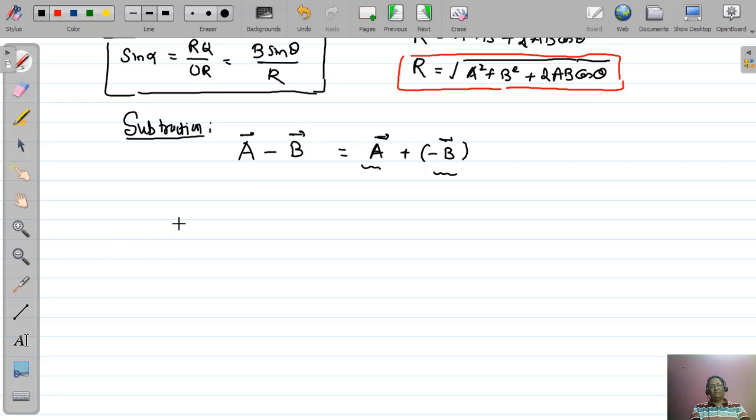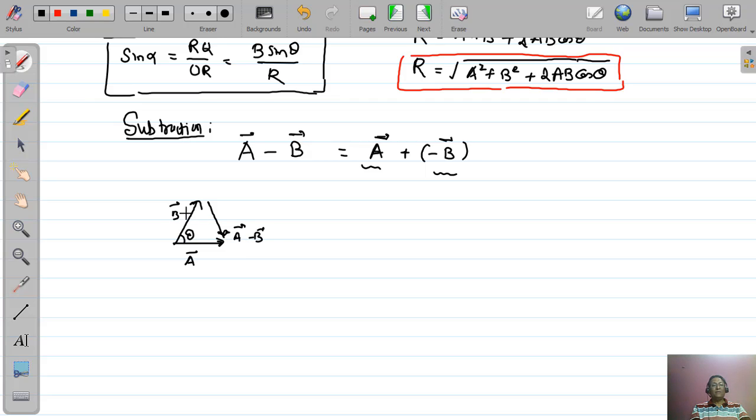Graphically, if we have to find the subtraction, we draw both vectors from the same point. Angle between them is theta say. If we draw the vector in this way, that is head is towards A, then this vector is vector A minus vector B. Means the vector towards which the head is pointing is written first, minus then the other vector.